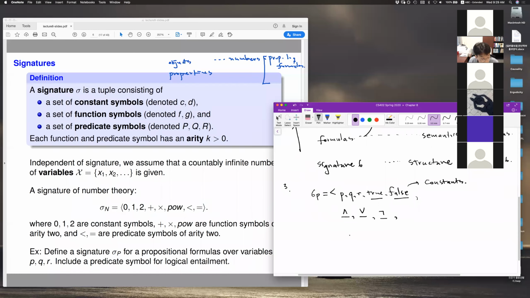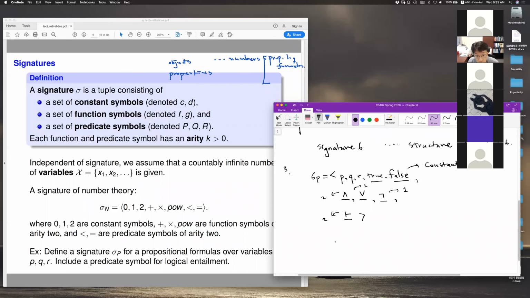The question also wants us to include logical entailment, so we will have a binary logical entailment notation. This is a predicate symbol. Its arity is 2, the arity of conjunction is 2, and disjunction is also 2, but the arity of the negation symbol is 1.